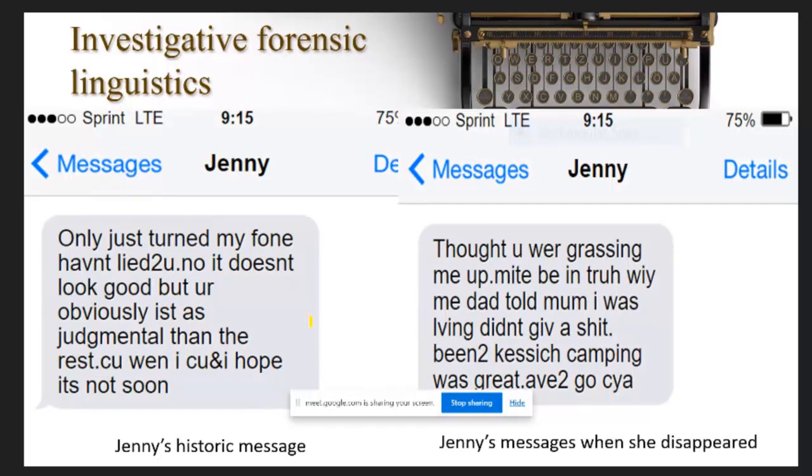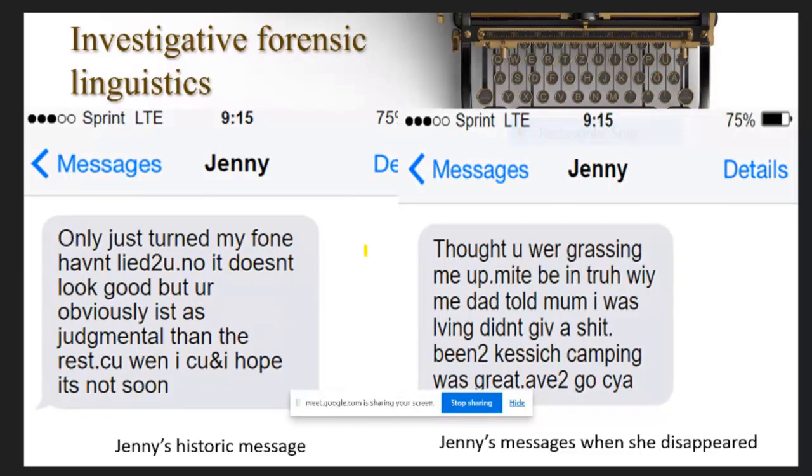The police doubted whether these messages were really from her. So they sent the messages from when she disappeared and her previous messages to forensic linguists to analyze the text and see whether these messages are really from Jenny.